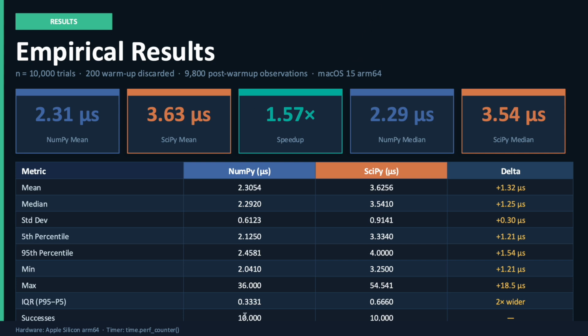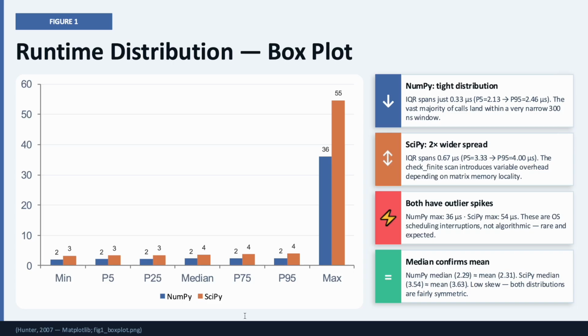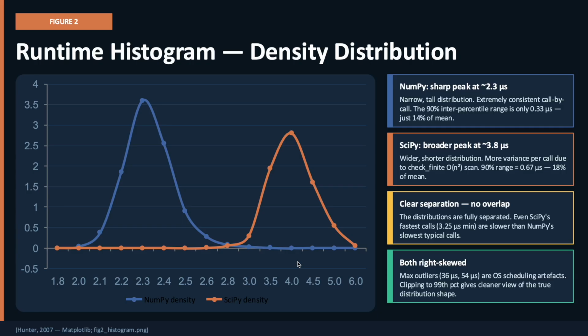Now some of the resulting figures that we got out of this experiment. Figure 1 is a bar chart showing the selected percentile values for both libraries, acting as an approximation for a box plot, with the actual figure files here. The second figure that we have here is a histogram.